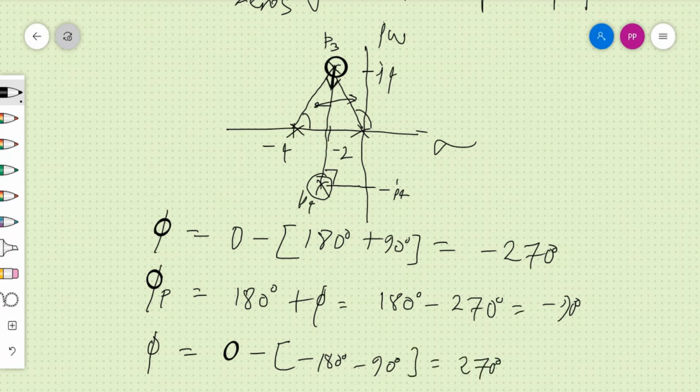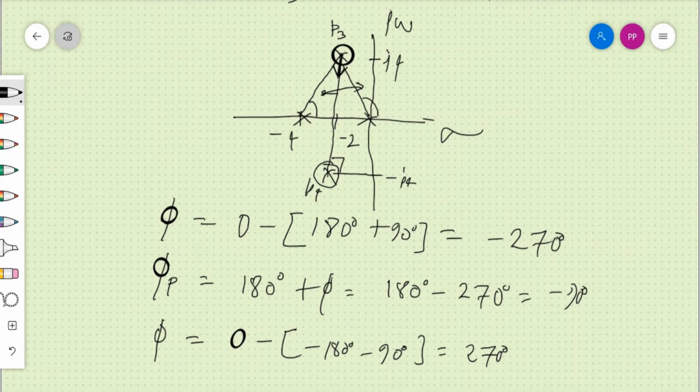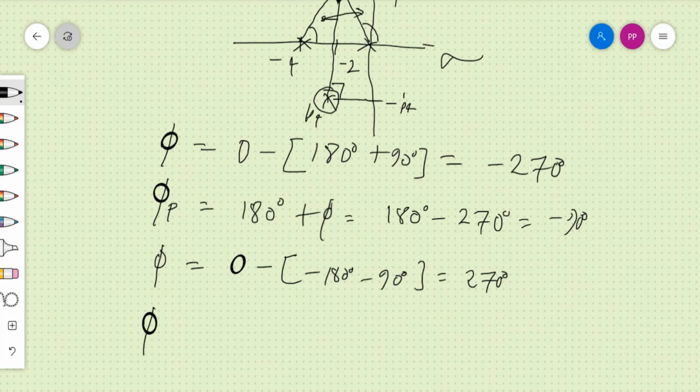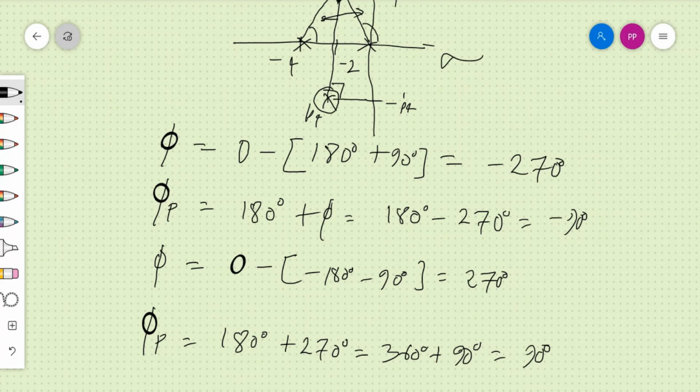If you want to find phi p, that is the angle of departure, you will see that this has become 180 degree plus 270 degree. This becomes 360 degree plus 90 degree, which is again equal to 90 degree. Therefore, the departure will be in this direction, in the direction of the arrow. This way we can find out the departure of the root locus branches from the complex poles or zeros.